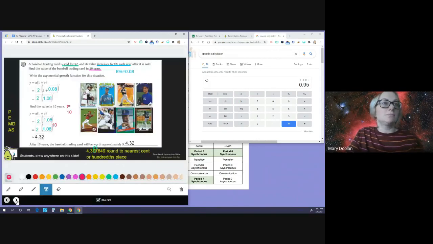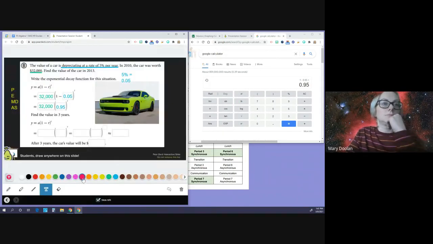That's little t. I use pink. It doesn't say in 3 years up here, but it says you started in 2010 and you're ending up in 2013. The difference between that is 3 years, and that's where this 3 years comes from. t equals 3.